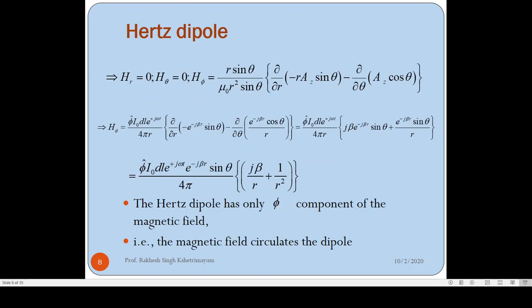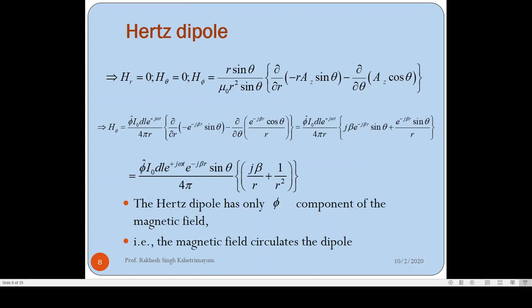what were the two conditions for a source to have electromagnetic waves? The first condition was it should have a field, magnetic field or electric field, along the direction which is perpendicular to the radial directions. So here your magnetic field is perpendicular to the radial direction.